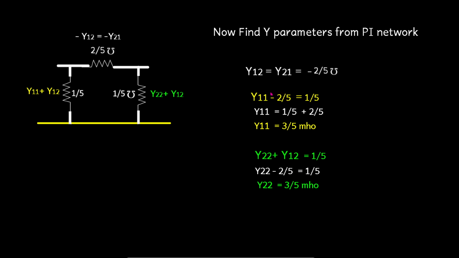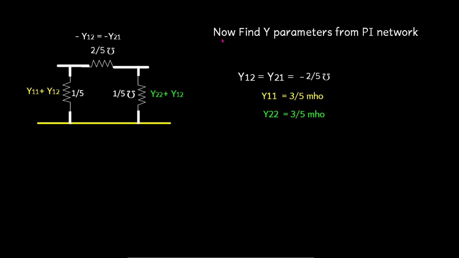Because here in place of this plus y12, you have to substitute minus 2 by 5. So you get the answer as y11. Similarly, on this side, you have this y22 plus y12. So in place of y12, you can substitute minus 2 by 5. So that y22 is also 3 by 5 mho. So we got the y parameter values.